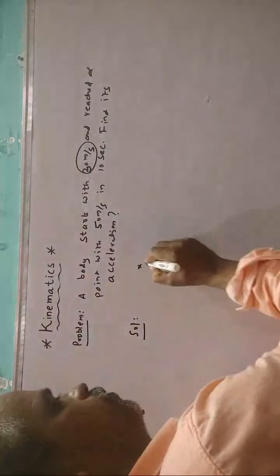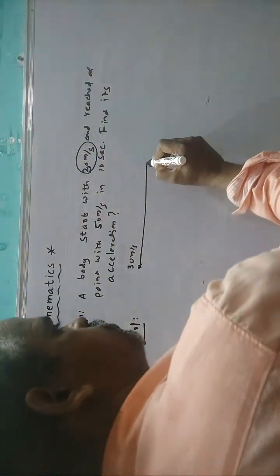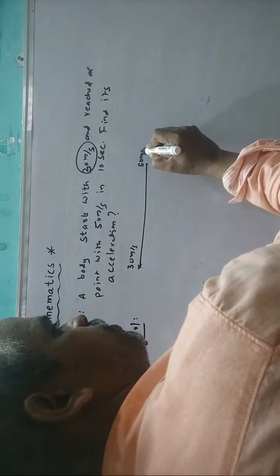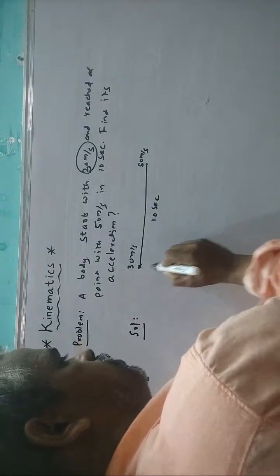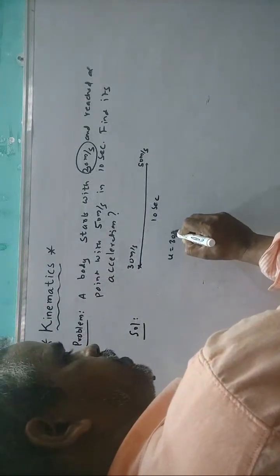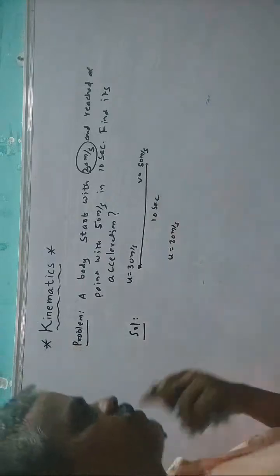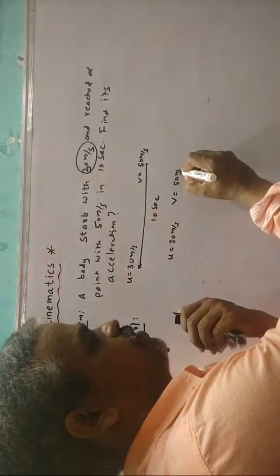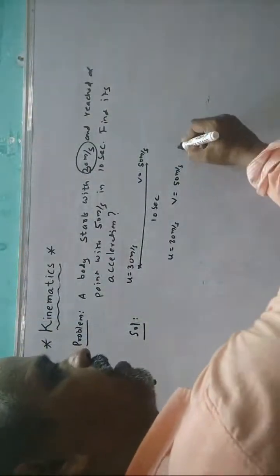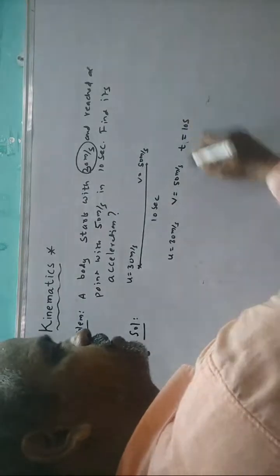Here 30 meter per second, then it changes to 50 meter per second. Time taken is 10 seconds. U equal to 30 meter per second, V equal to 50 meter per second, and the change in time is equal to 10 seconds.